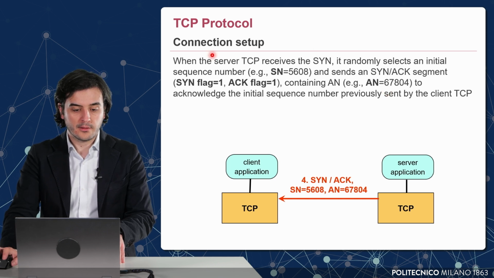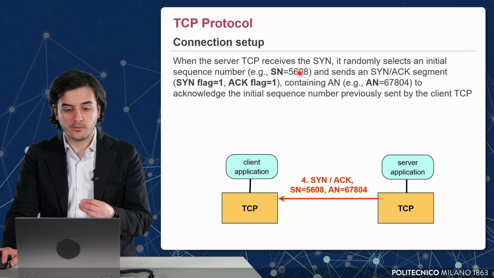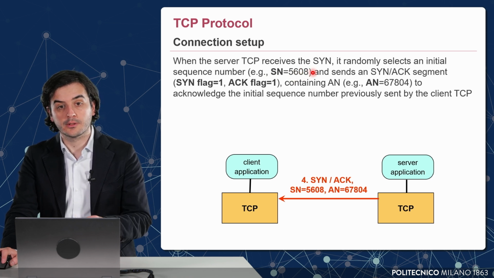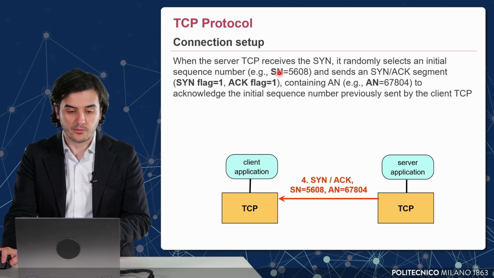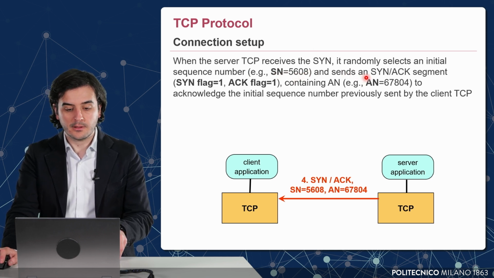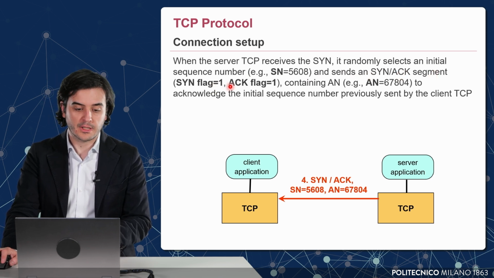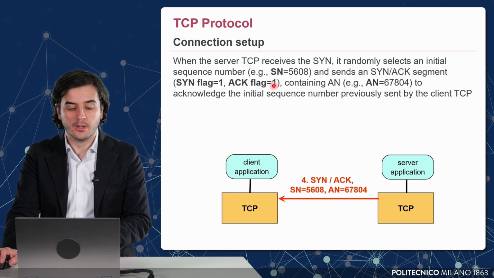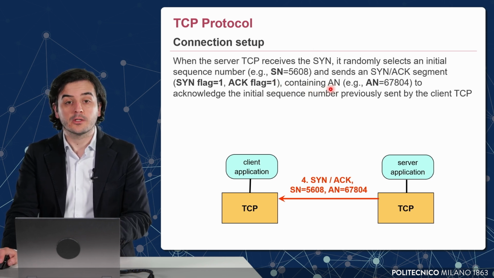Then, when the TCP on the server side receives the synchronization message, it will also randomly select an initial sequence number, in this case sequence number 5608, and it will send a synchronization acknowledgement segment in which the synchronization and the acknowledgement flags are set to 1, which also contains the AN, or the acknowledgement number.